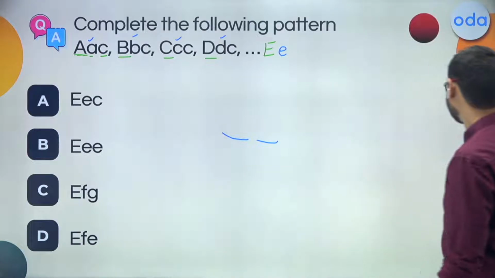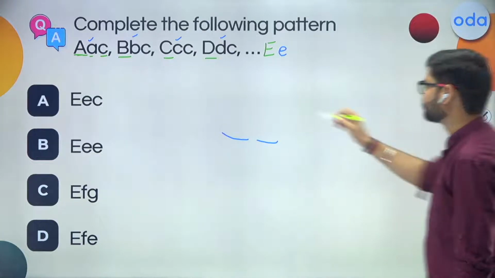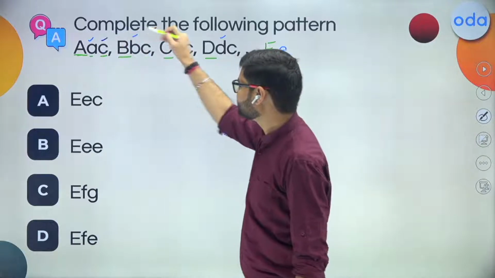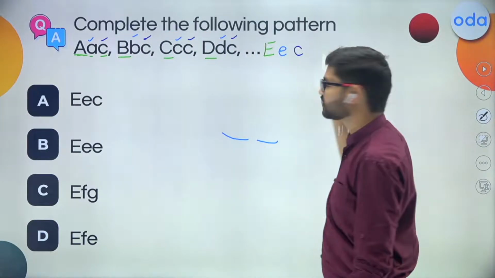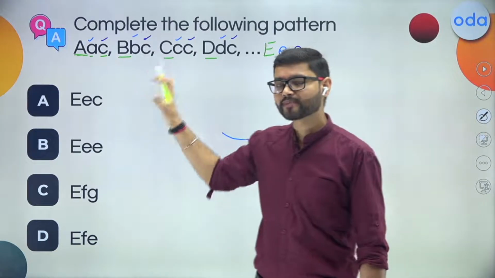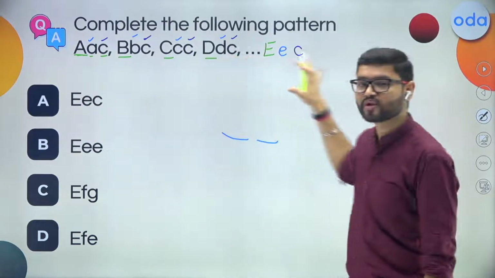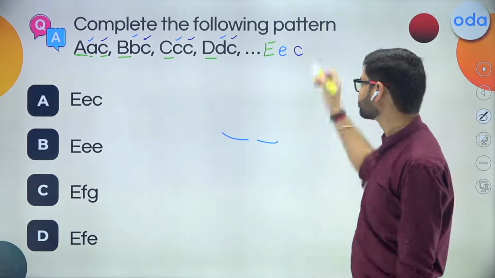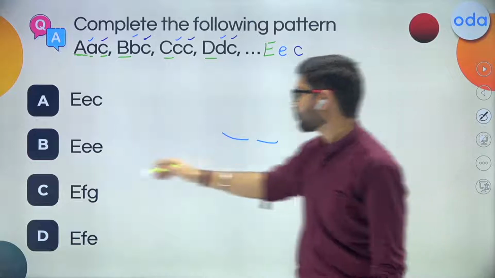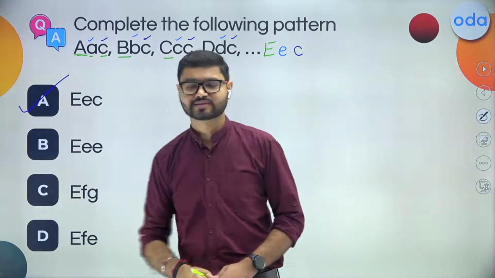Last but not the least, we have C, C, C, C. Definitely it will also be C. So that is how one by one we have to observe all these things and accordingly we can find the answer. Capital E, and small c. Option A is the right answer.